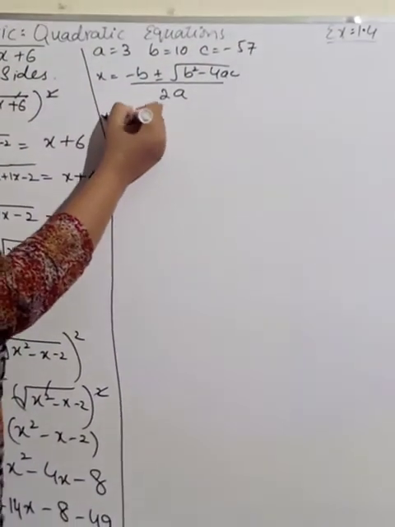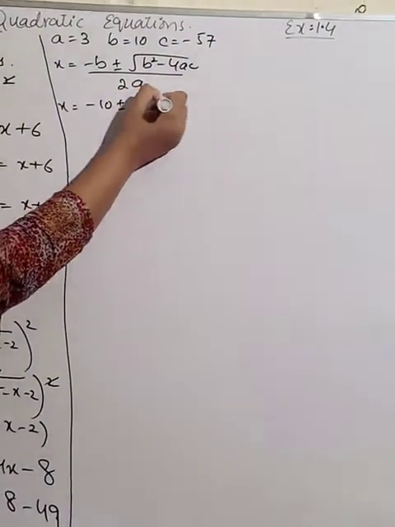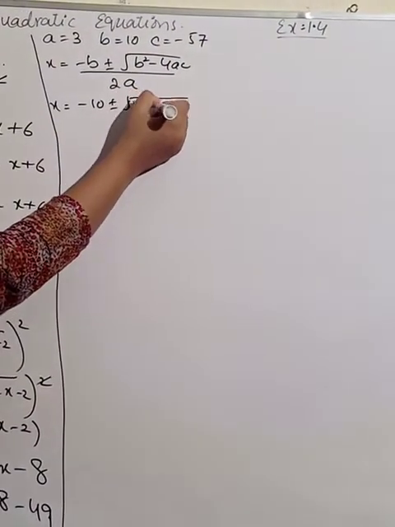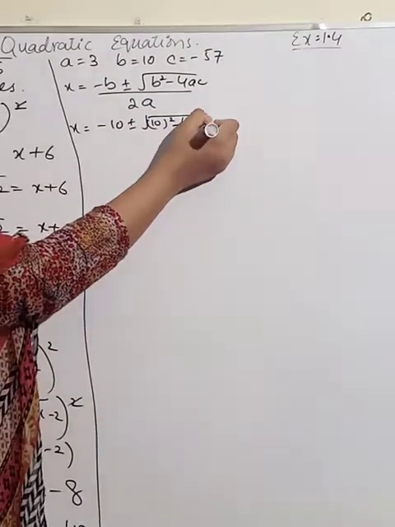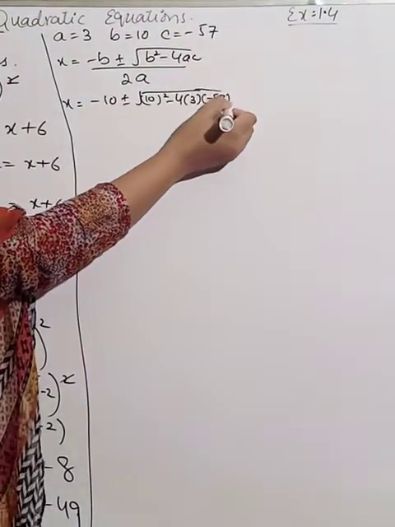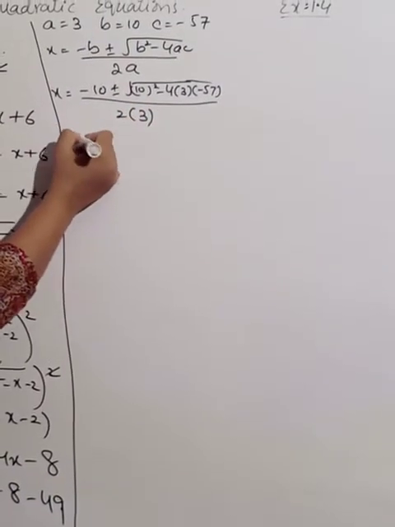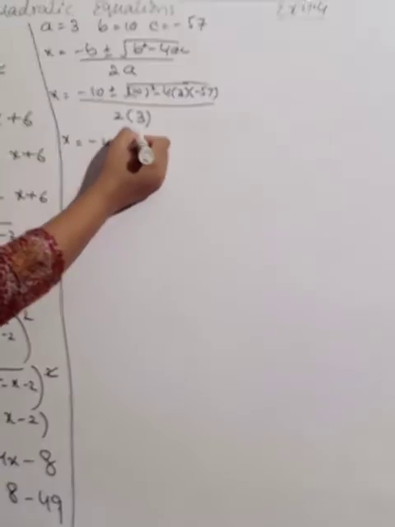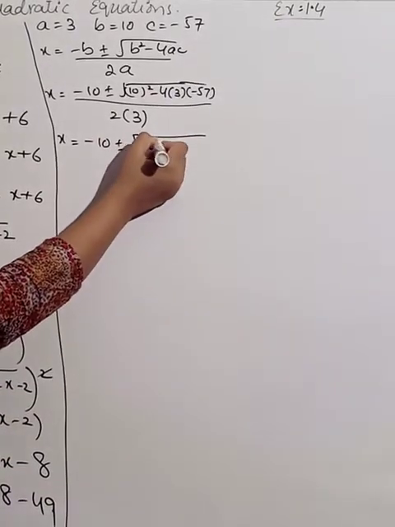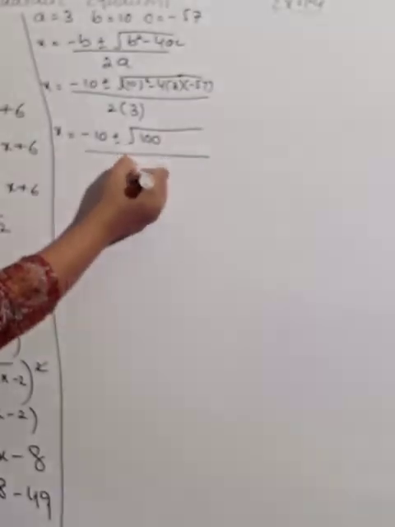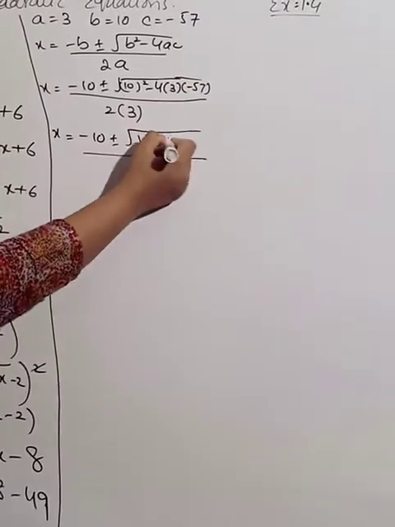Solving, minus 10 plus minus square root of 10 square minus 4, a is 3, c is minus 57, divided by 2 times 3, and we have x is equal to minus 10 plus minus square root of 100 divided by 6, minus minus plus.